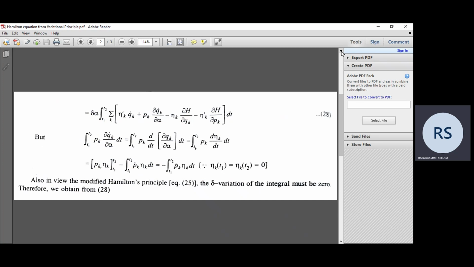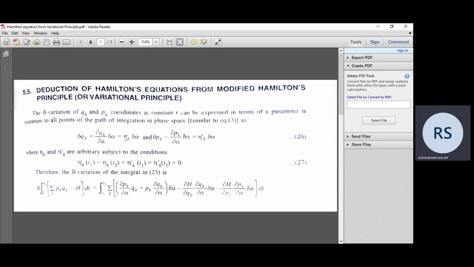Initially we have eta k equals dou qk by dou alpha, and eta dash k equals dou pk by dou alpha, and we have to replace dou pk by dou alpha and dou qk by dou alpha with eta dash k and eta k. So here the terms dou pk by dou alpha we replace with eta dash k, and dou qk by dou alpha we replace with eta k.